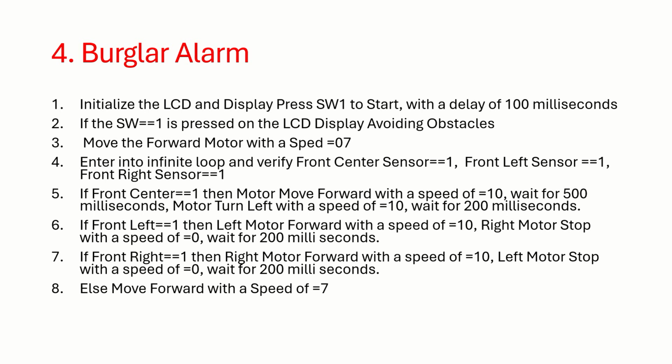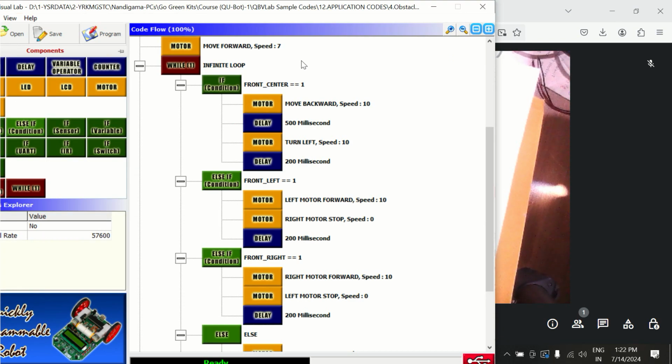If none of the if-else conditions are satisfied, then move the forward motor with a speed of 7. This should be, as I said, in the infinite loop. That means you should go back to statement number 4.